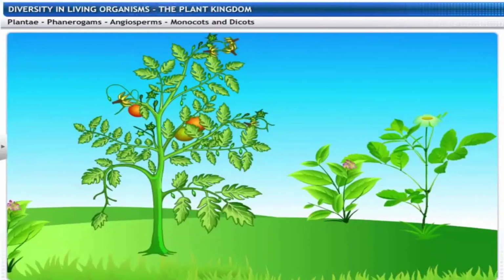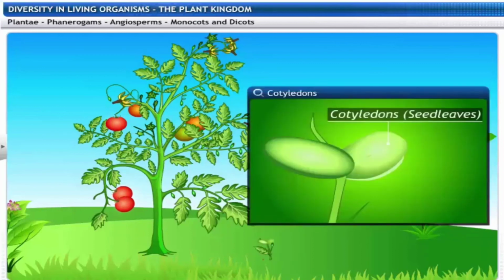Let us give a closer look at angiosperms. The flowers in angiosperms develop fruits with seeds in them. The embryos in these seeds have seed leaves called cotyledons.